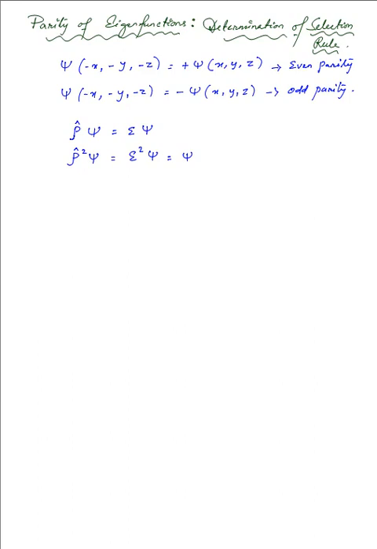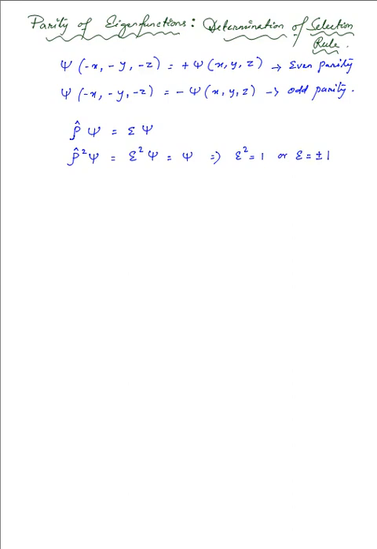So e squared is equal to 1, or we can say that e has two values, plus or minus 1. These are the eigenvalues of the parity operator.